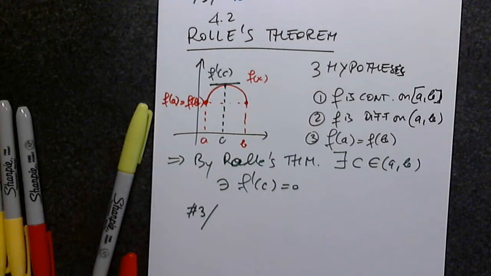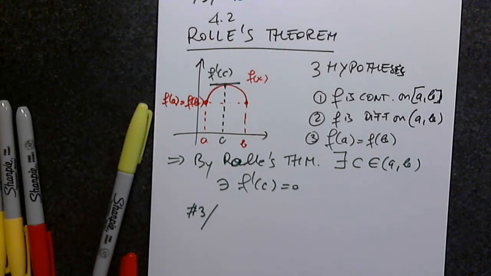In other words, the function must have a turn. So if it starts at this point and comes back at this point, being continuous and differentiable, it must have at least one turn. Can it have more than one? Yes, it can do this. So it has more than one c where f prime of c is 0.